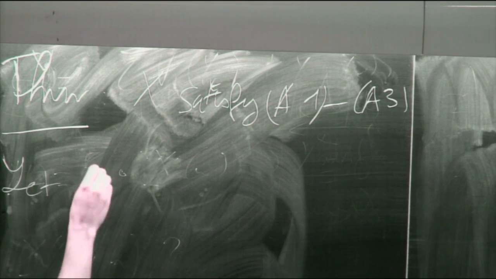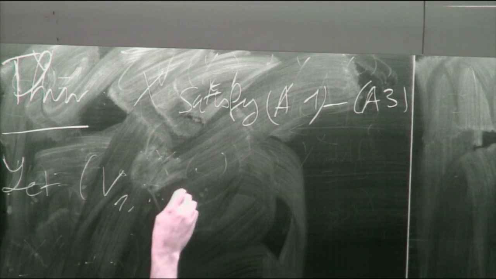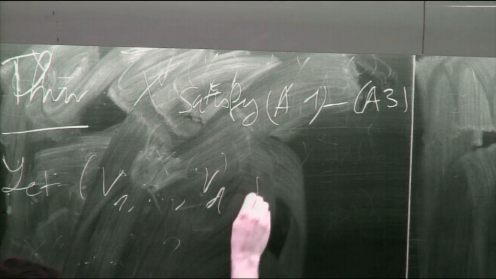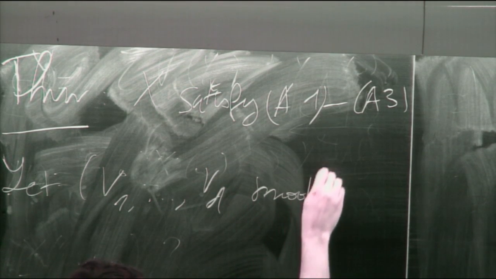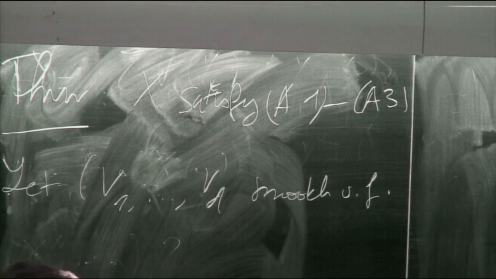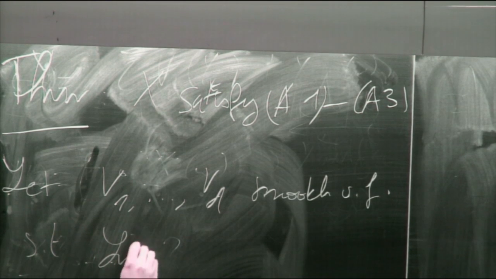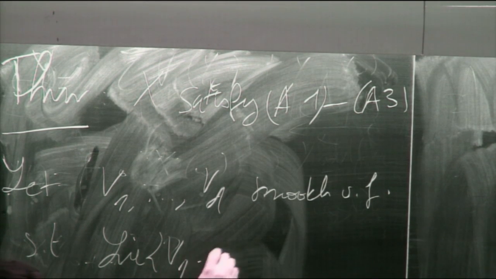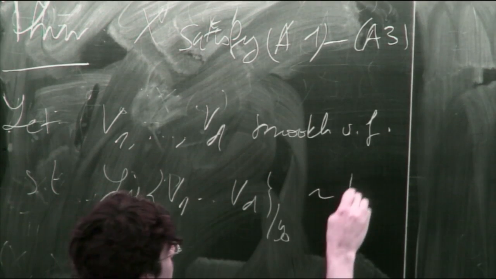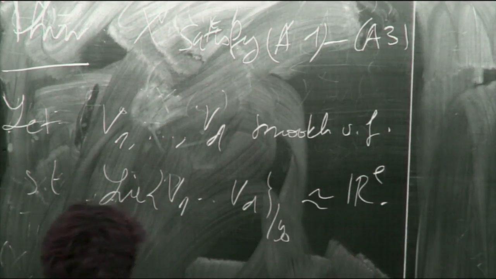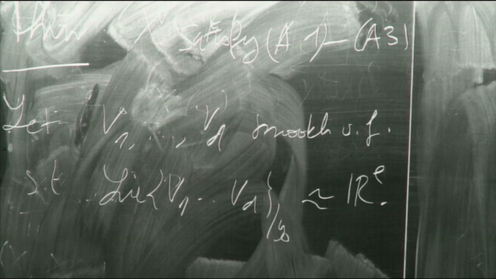Let V_1, ..., V_d again be smooth vector fields, such that the Lie algebra at the starting point spans the whole tangent space. Then the statement is just exactly the same as before.